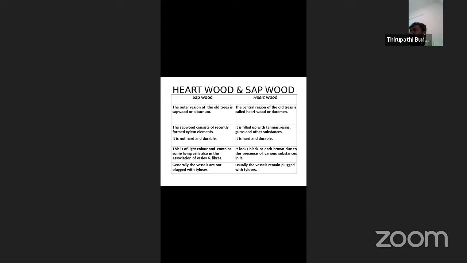Another important difference is that sapwood performs physiological activity, such as conduction of water and nutrients, and storage of food.